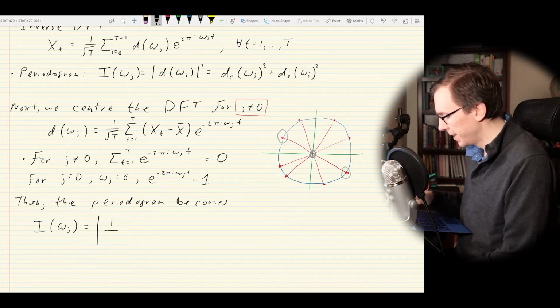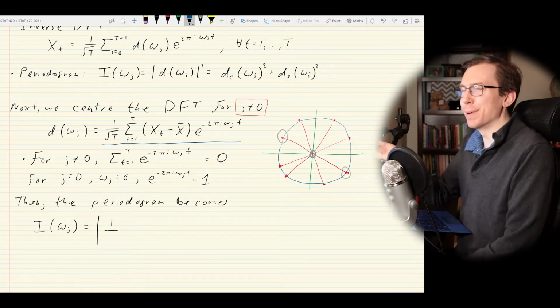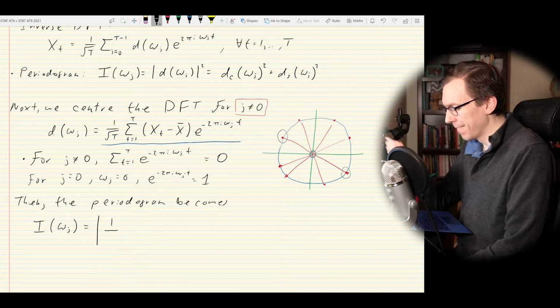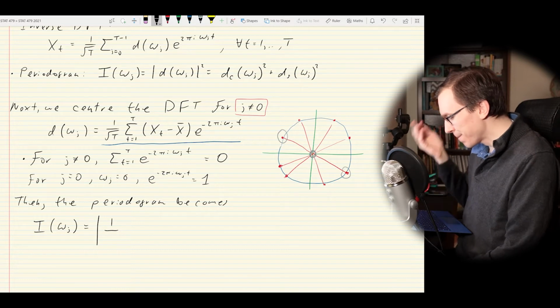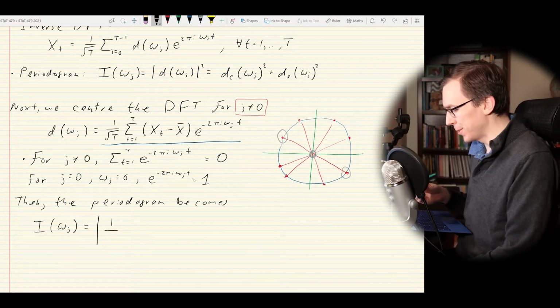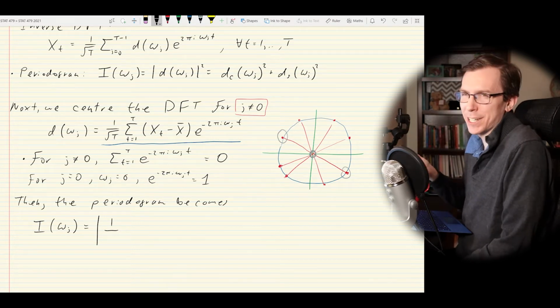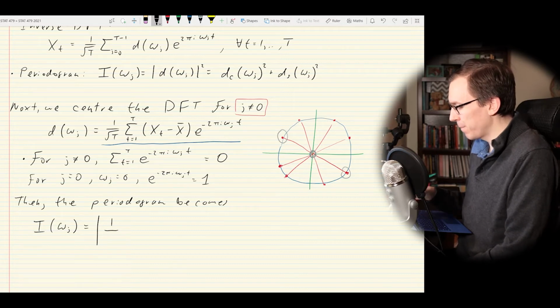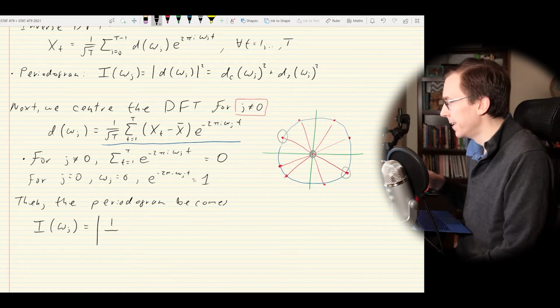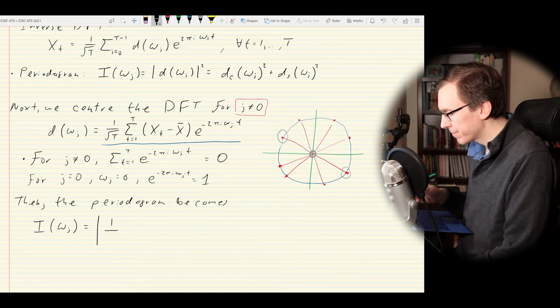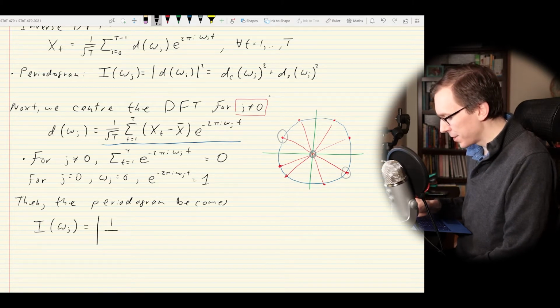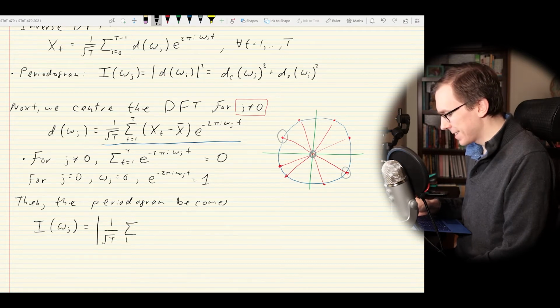So I'm just going to use this new centered discrete Fourier transform. I say new, but it's the exact same thing, because like I said, for j not equal to 0, this thing is equal to the regular discrete Fourier transform, because I can always add and subtract a constant inside that parentheses without changing anything. Anyway, I'm going to use the new way of writing the discrete Fourier transform within this equation.